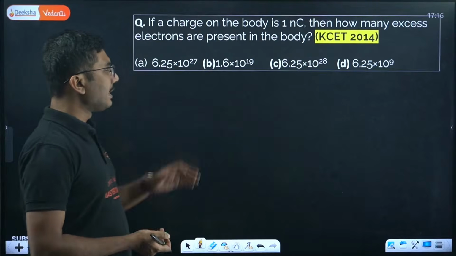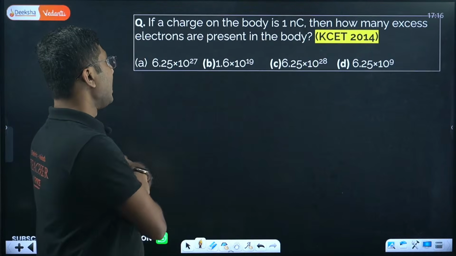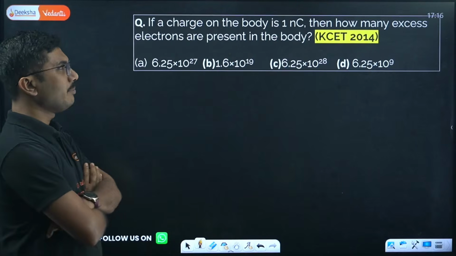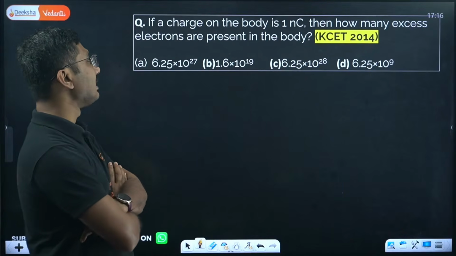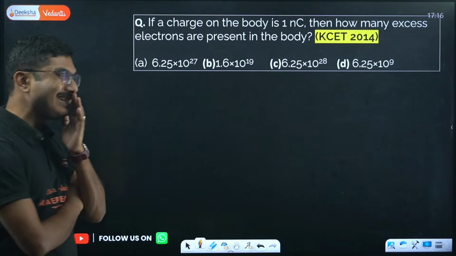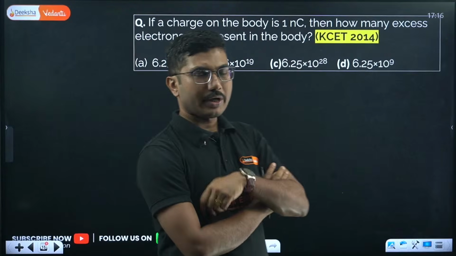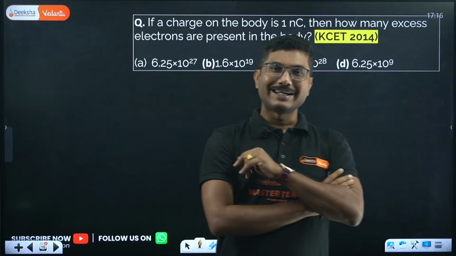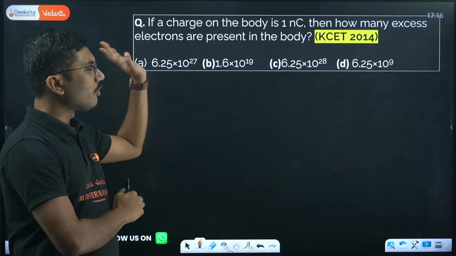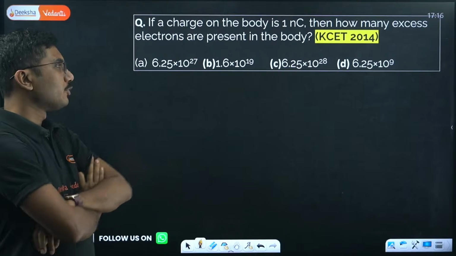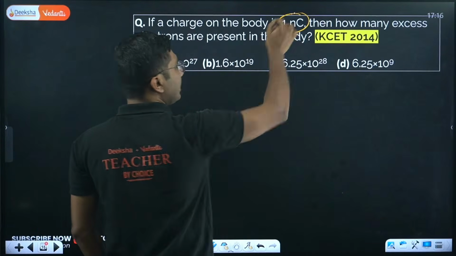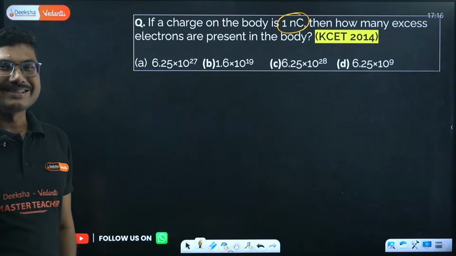Now let's see one more type of question. If the charge on a body is 1 nanocoulomb, then how many excess electrons are present in the body? There is one very neat trick I will teach you, a clever trick to solve such questions. First you have to check whether the given charge is a multiple of 1.6 or not.